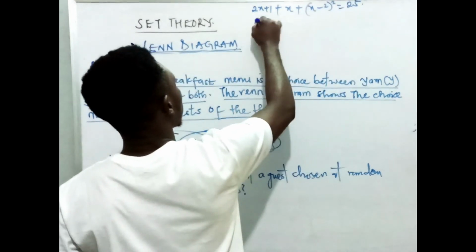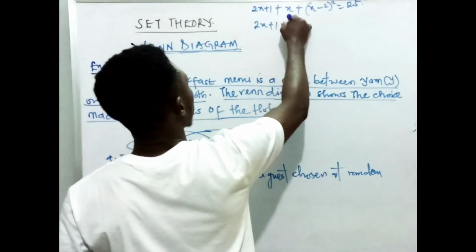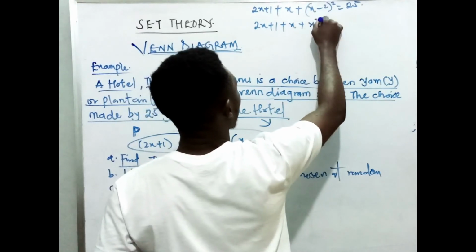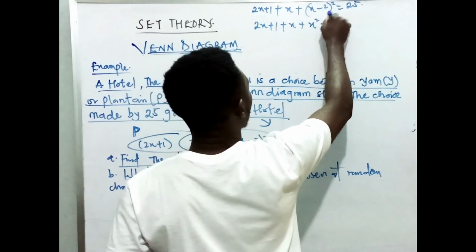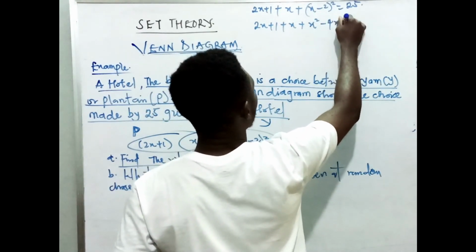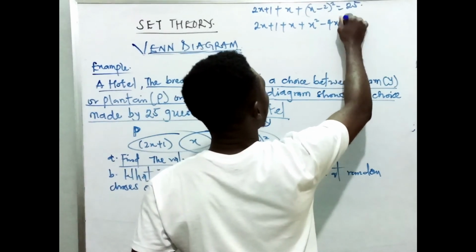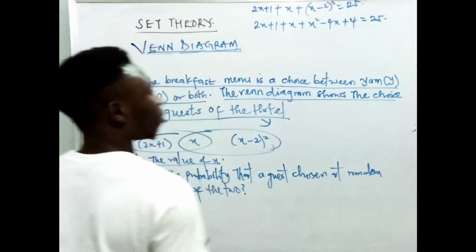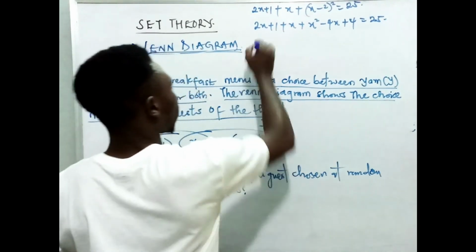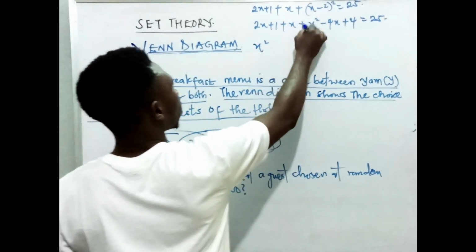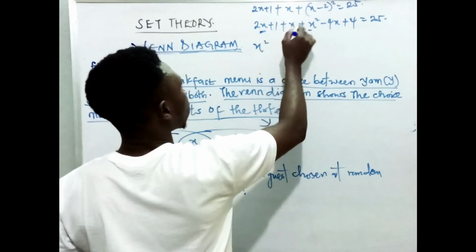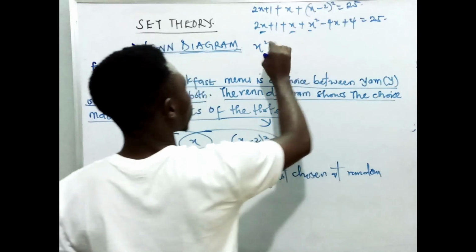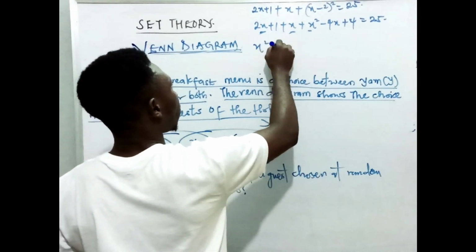Therefore, 2x plus 1 plus x plus, expanding this, x squared minus 4x plus 4 is equal to 25. So at this junction, collecting like terms, this is x squared, 2x plus x minus 4x, that's going to give us minus x.